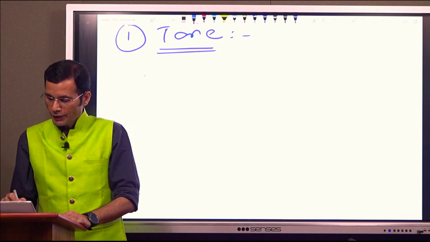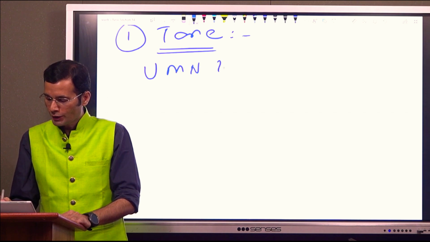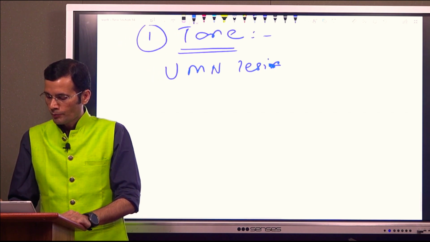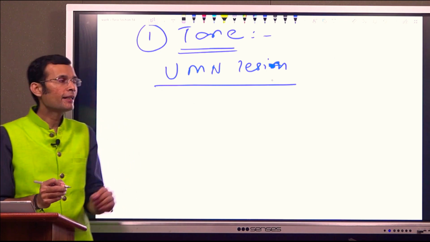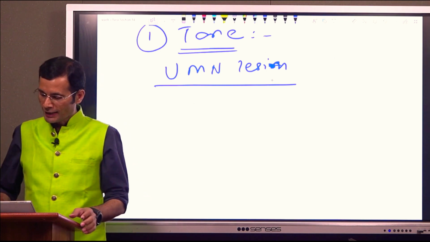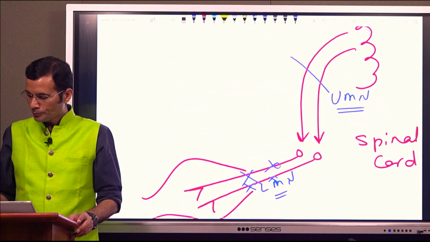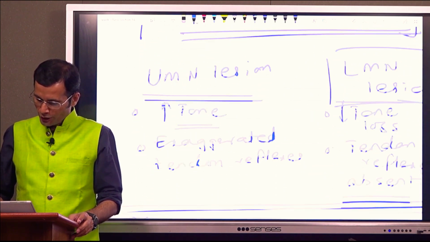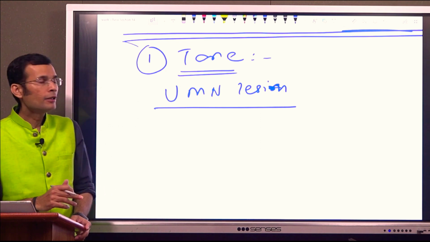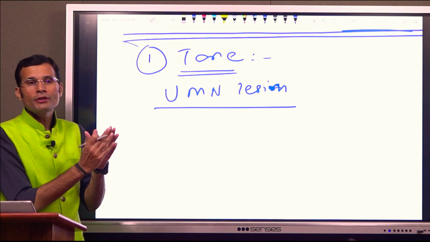Now, in the case of upper motor neuron lesion, there will be excess tone in the muscles. As I have already mentioned, upper motor neuron lesion, so excessive tone in the muscles. Now, how will you feel that?